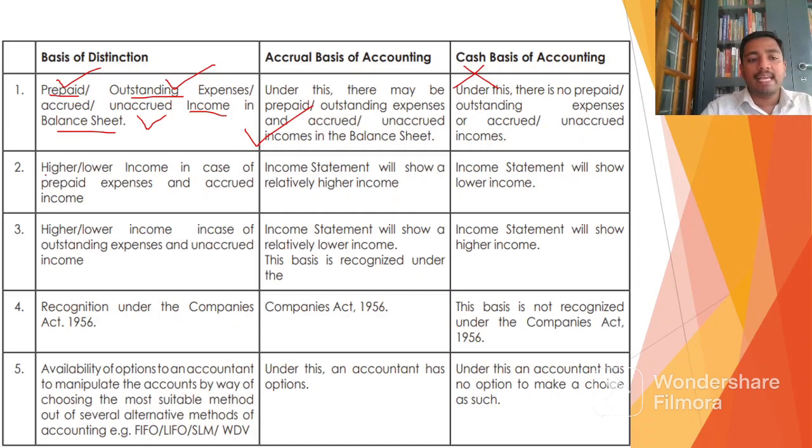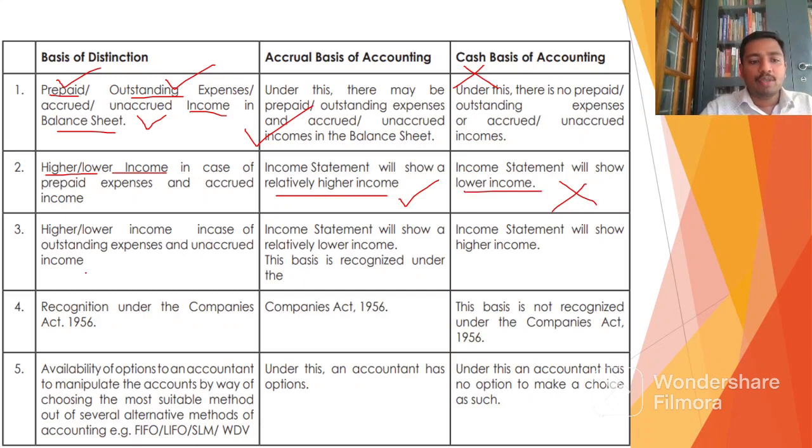Then what about higher or lower income? We can say that definitely accrual basis will show a higher income, because all transactions, even though the money is not received, will be recorded. But what about the cash basis? If we are following cash basis, our income will be comparatively low, because if the money is not received, it will not be recorded into the books of accounts. So there will be only a lower income.